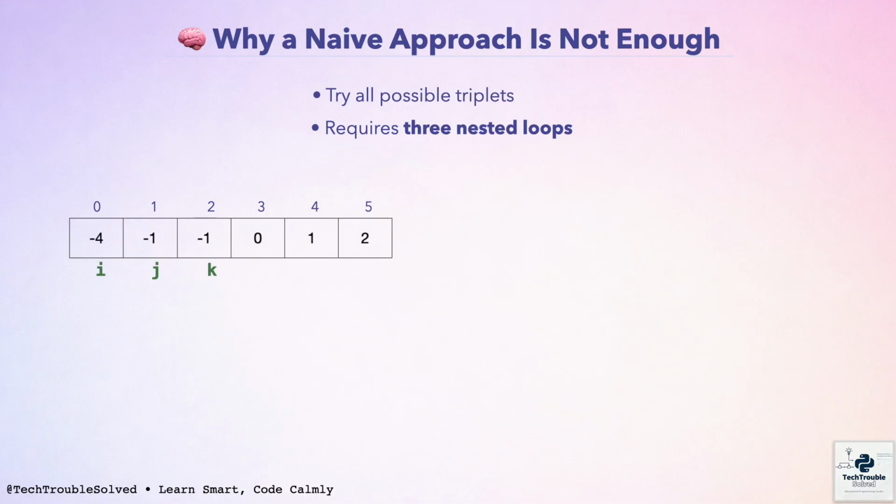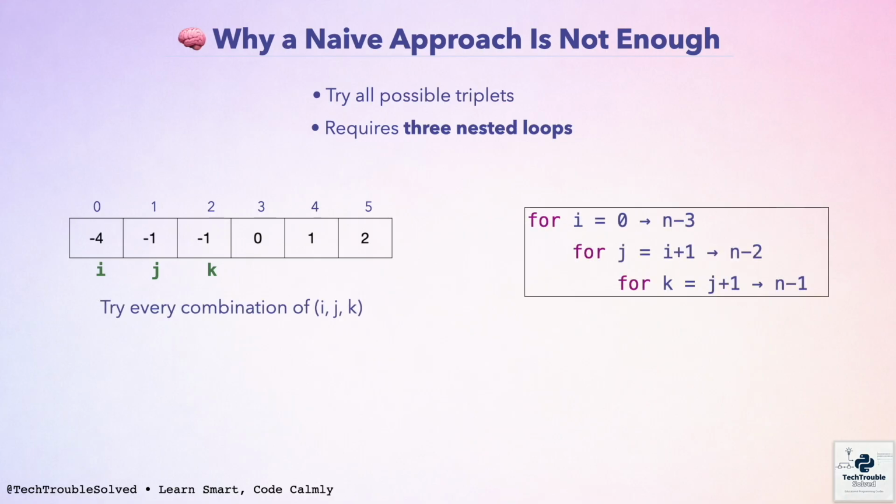The first loop picks the first number i, the second loop picks the next number j, and the third loop picks the final number k. So essentially, we are checking every combination of i, j, k. However, this approach quickly becomes expensive. Because we are using three nested loops, the time complexity becomes n cubed.